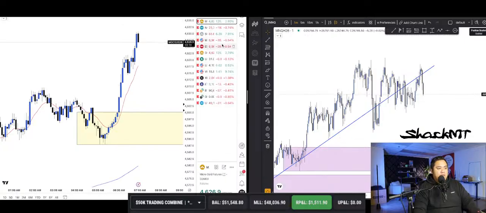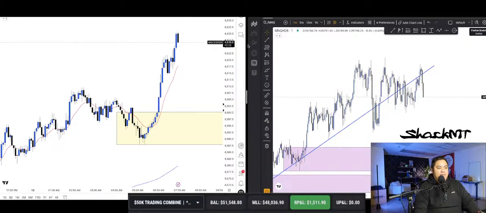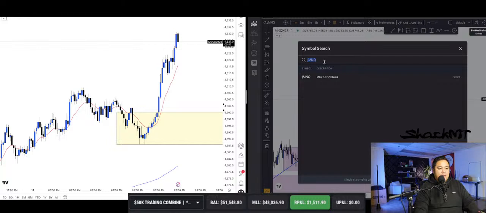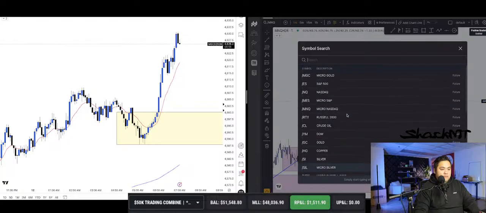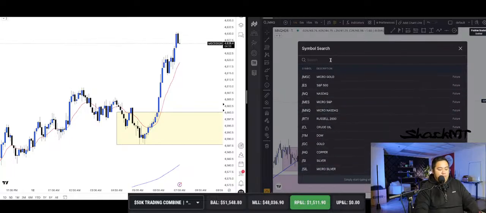I don't think I can look at stocks here, guys. Dang it. I'm going to have my TradingView pulled up on the screen. Because on TopStep X, I don't think I can look at BOA.